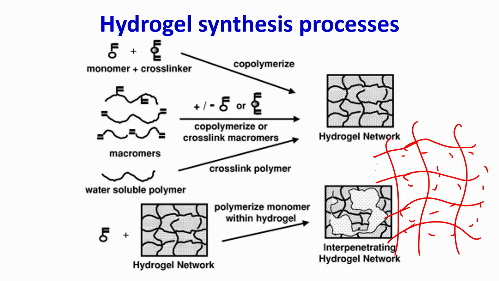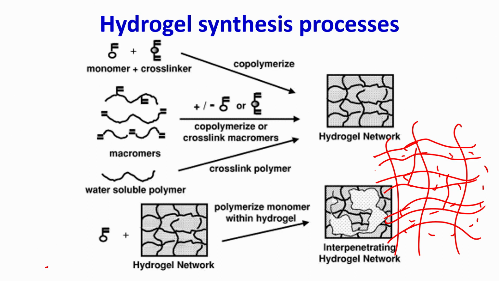So, let us say I am having another different chain that comes with another cross linker and cross links it. So, basically now I am looking at a domain where you have two hydrogels that are interlinked with each other.